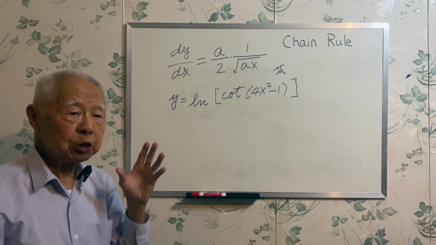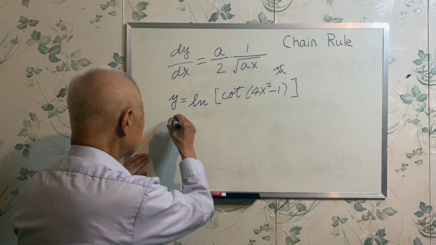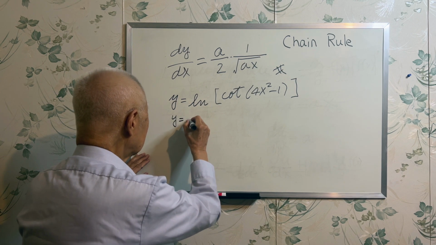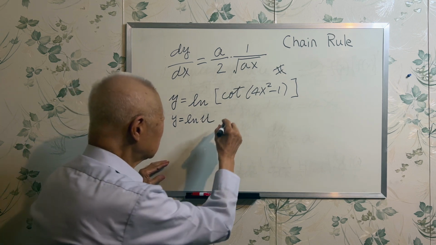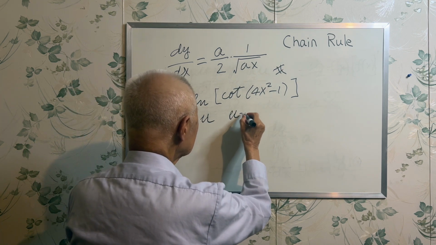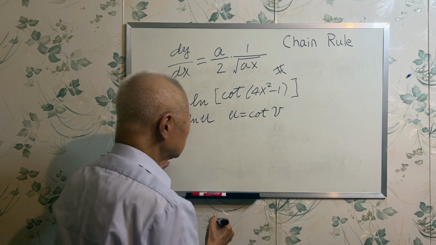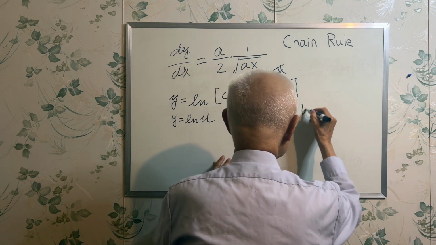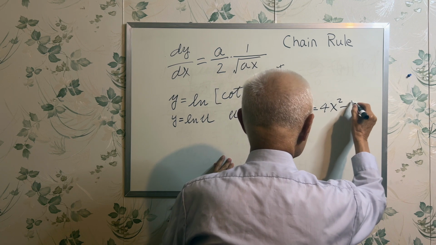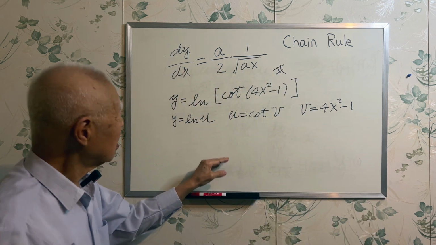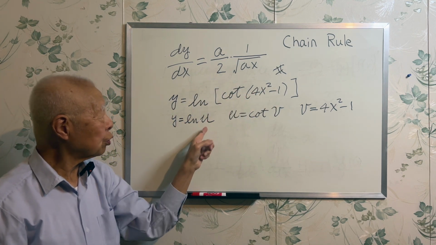But if we use the chain rule, we can write it this way. You call this whole thing u.